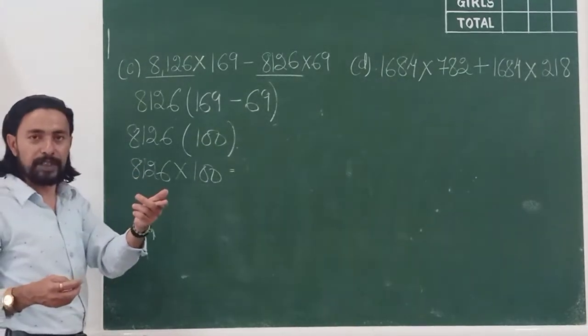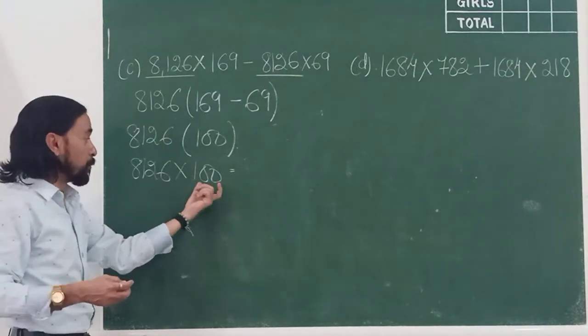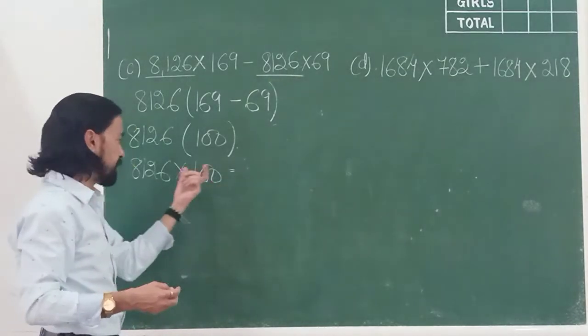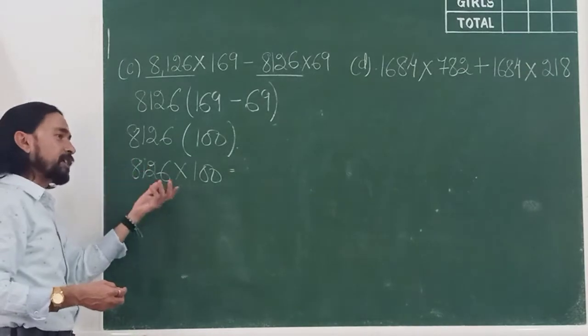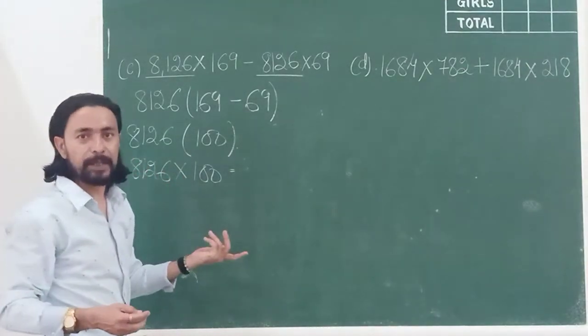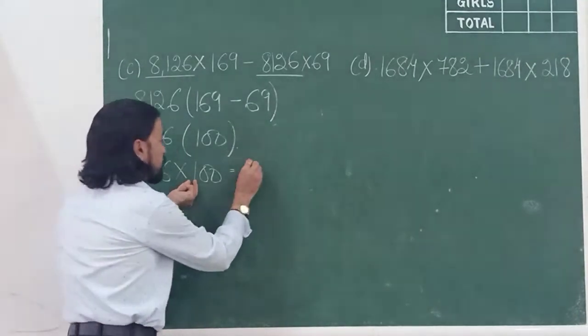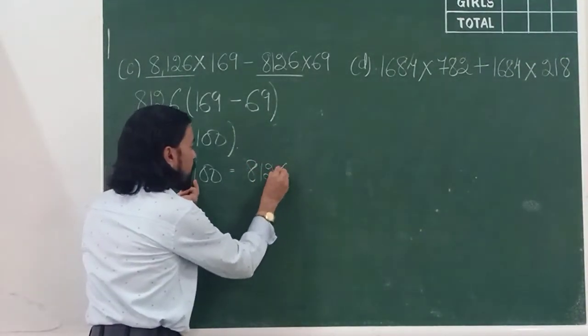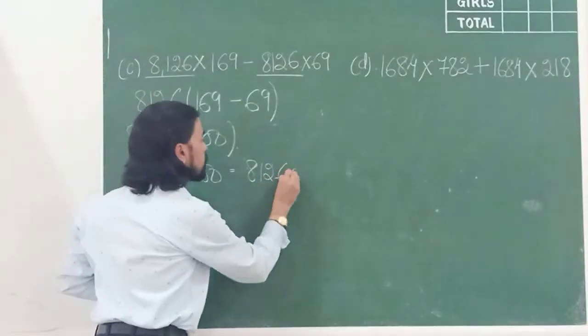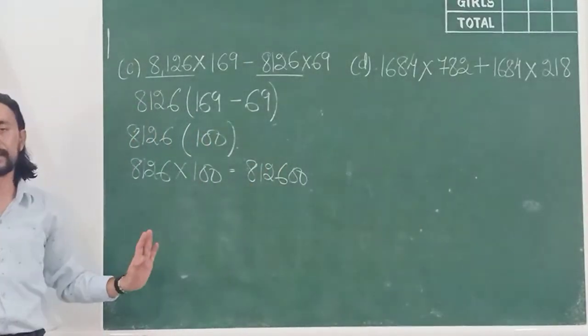Now I am doing the reverse method. In that I showed you, put the two zeros right at the end and then multiply by 1. Now I am doing the other way. You can do that way also, the answer still remains the same. 8126 into 1 gives me 8126. How many zeros? 2 zeros. And my answer is done.